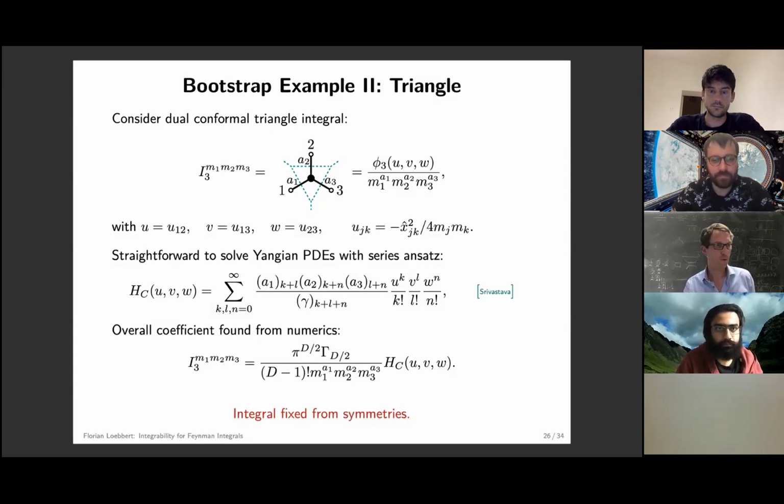So this we have to put in somehow differently. To our knowledge, this expression for the integral is also not known in the literature before. So it's a nice relation between this integral and a single hypergeometric series.